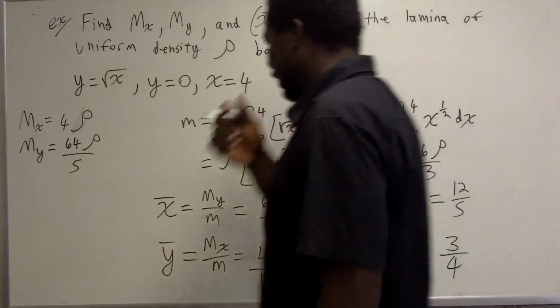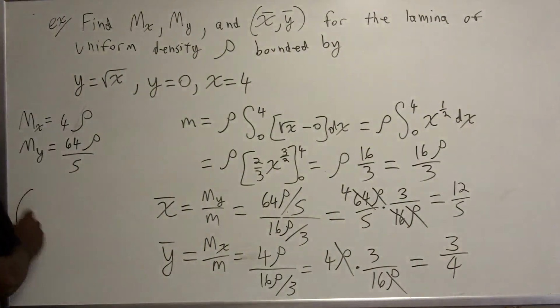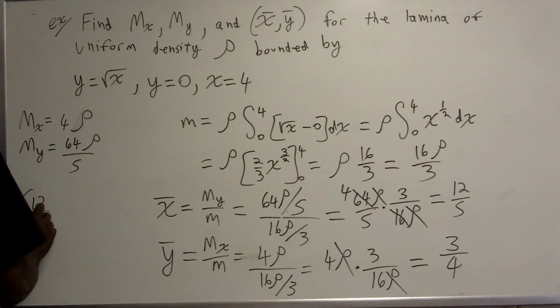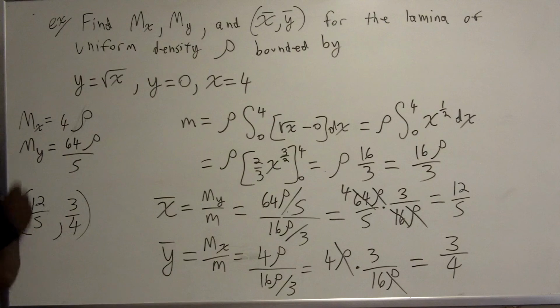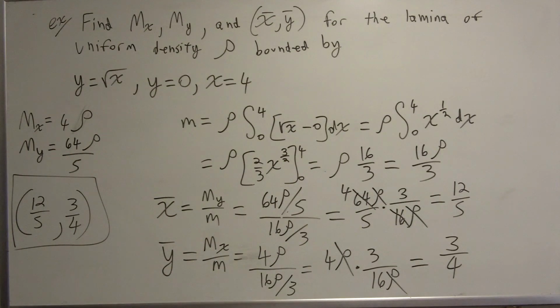So there I have my center of mass. My center of mass is x bar, which is 12/5, y bar, which is 3/4. And there you have it. That is how you find the center of mass for a planar lamina.